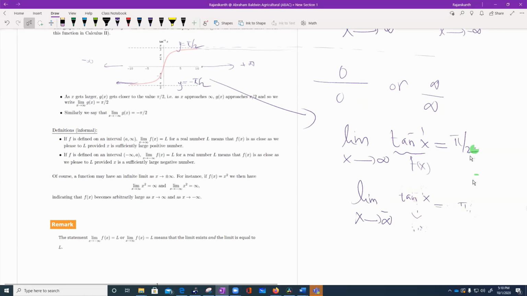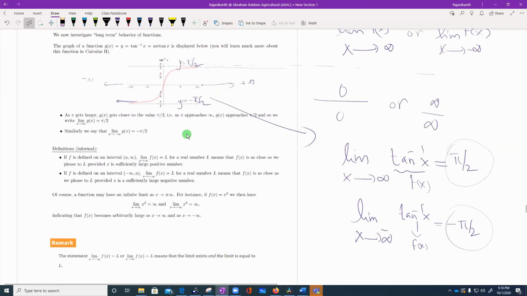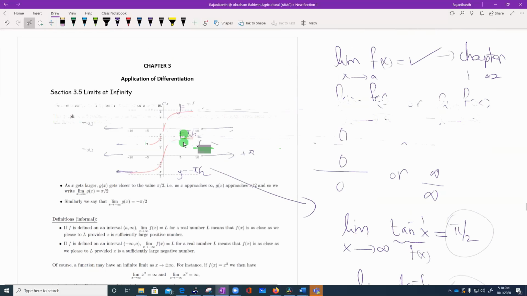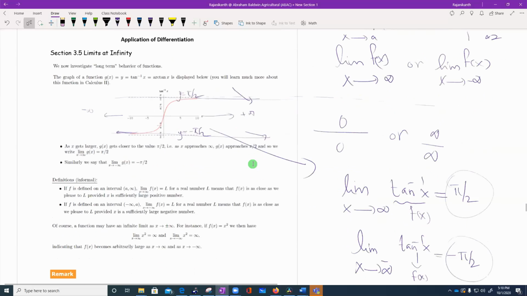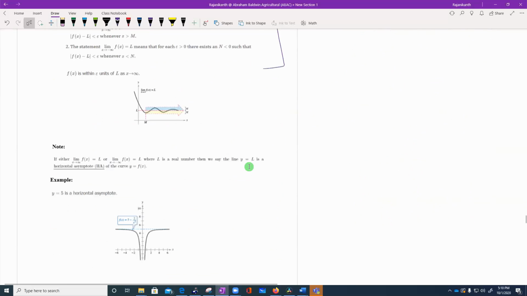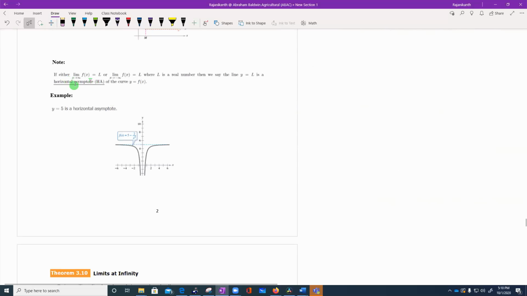Now remember, you are getting two good numbers. So these are nothing but two lines, and those lines are, of course, horizontal lines. So these lines are called horizontal asymptotes. That's what this definition says.